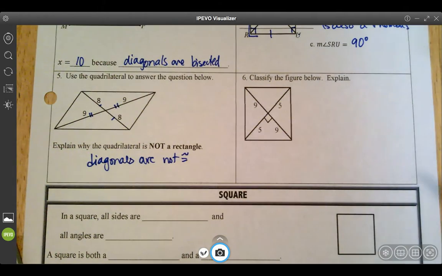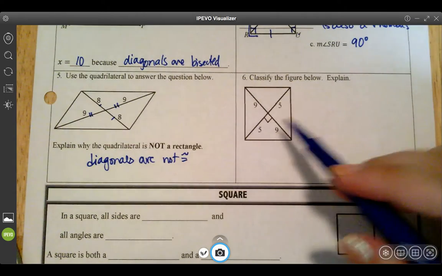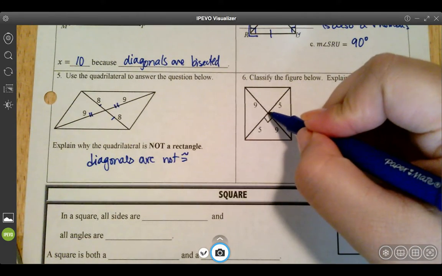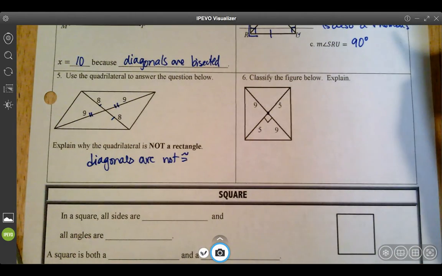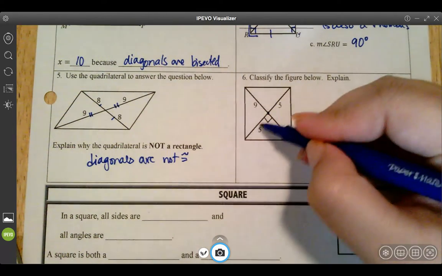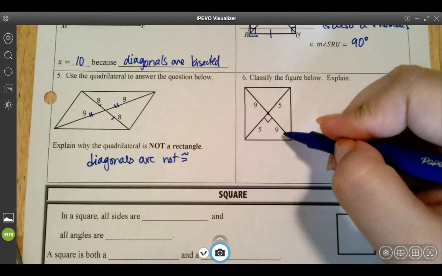Okay, and then our next example, classify the figure below and explain. So we have this figure here. We say the interior diagonal angle is 90 degrees. Okay, well, if it's 90 degrees, that could make it a rhombus. It could make it a square. It doesn't rule out a rectangle, but because these diagonals are different lengths, it can't be a rectangle.